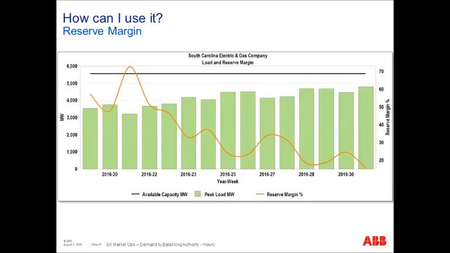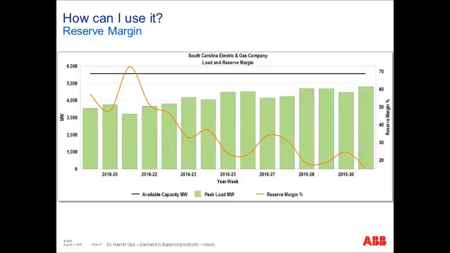The way you calculate a reserve margin is basically your capacity for any given time, your available capacity, minus your demand, demand being your peak demand for that time period, and then that total divided by your peak demand again. It'll give you basically your excess capacity as a percentage.